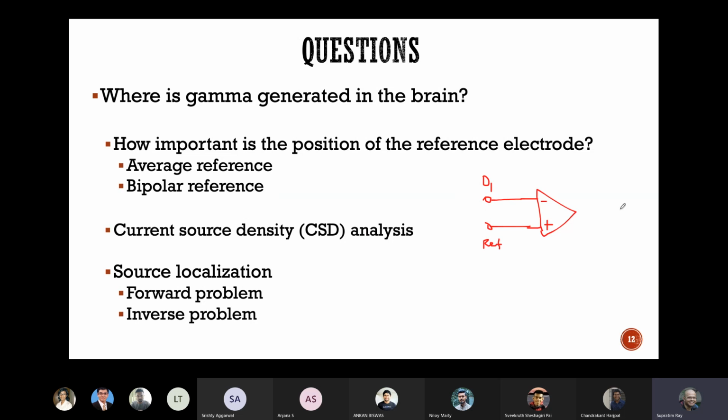The output of this is O1 minus ref. So you are looking at the voltage here with respect to the voltage at some other location. This much is actually fine. You can live with just this, because all you want really is how much activity is in this part of the brain where O1 is sitting, as compared to the reference.